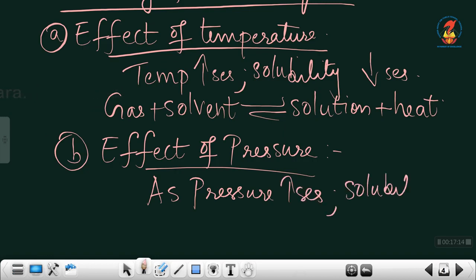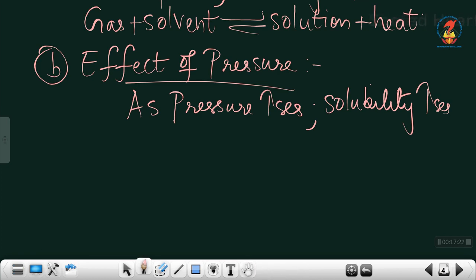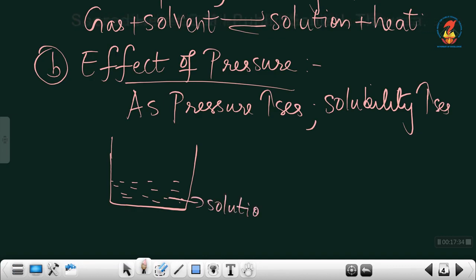For example, consider a system where the lower portion has solution and the upper portion has gas particles.